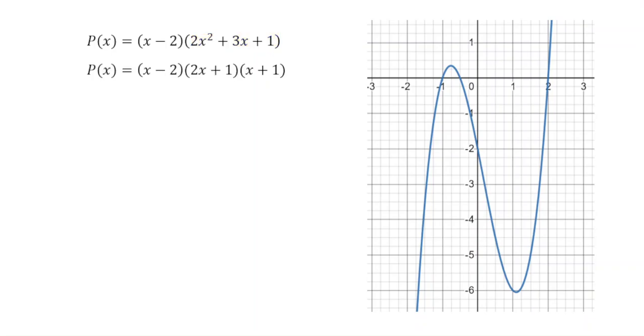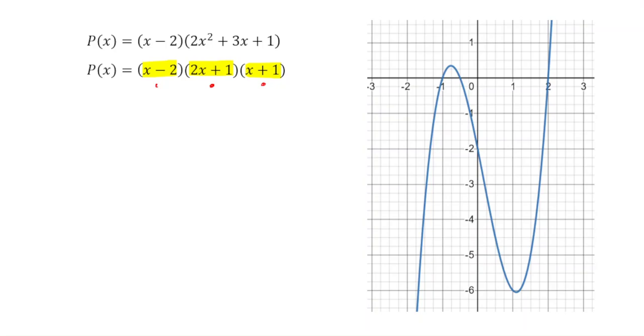And if we do that, we're going to get this. Right? So here we've now got 3 factors. x minus 2 is a factor. 2x plus 1 is a factor. And x plus 1 is another factor. Well, this is going to lead us to what's called the factor theorem.